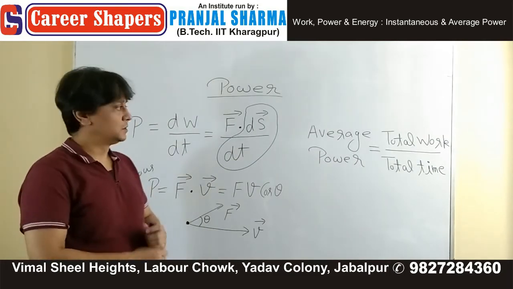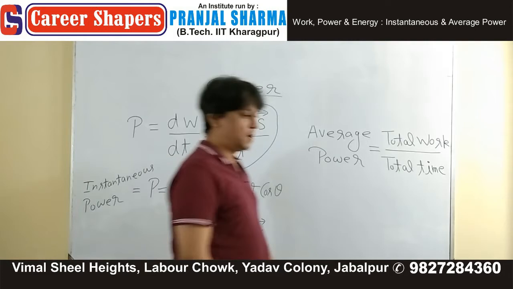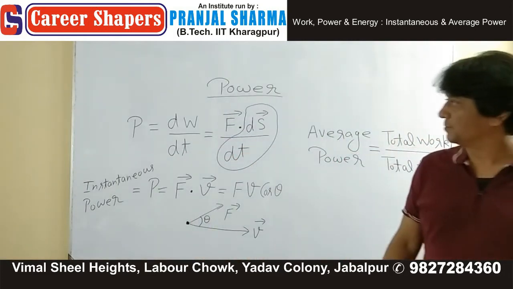This is the average power. Total work divided by total time.